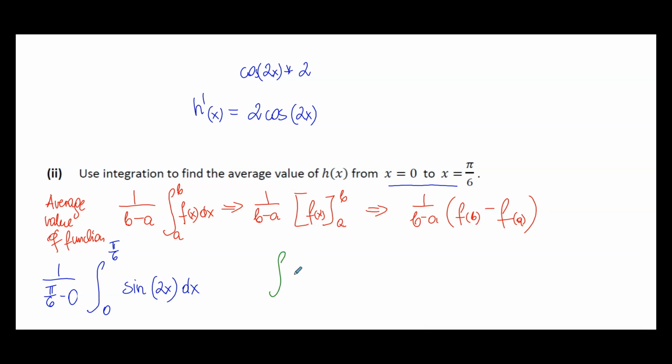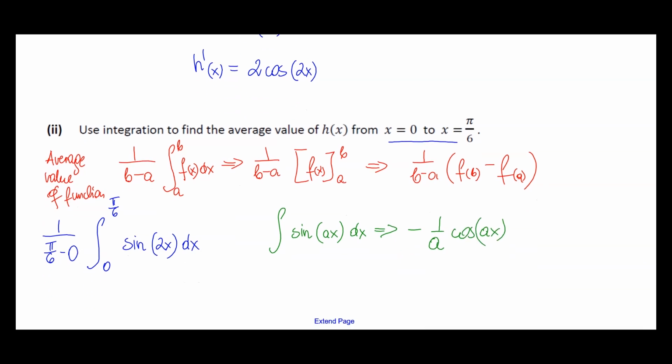When I am integrating a function that has sin and has more than just x, that a goes in front as a fraction. And then the rest is the same, cos of ax. Now this is not in your table, obviously, so you need to know that for your exam.